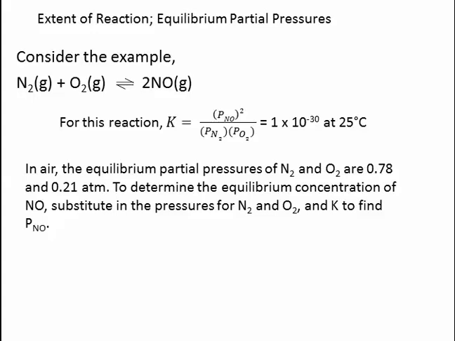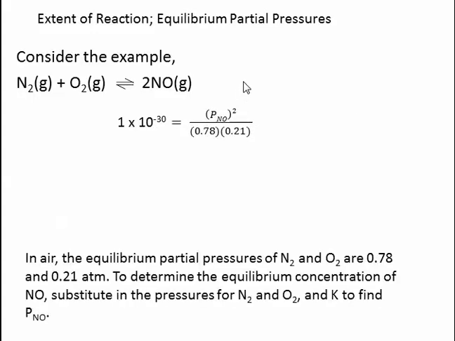then basically we know what K is, we know what the pressure of nitrogen is, we know what the pressure of oxygen is, so we can plug those into this equation right here, and then the only unknown is going to be the pressure of the nitrogen monoxide. So if we plug those in, this is 1 times 10 to the negative 30.